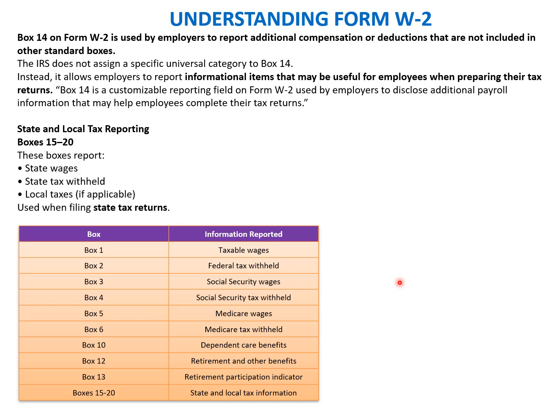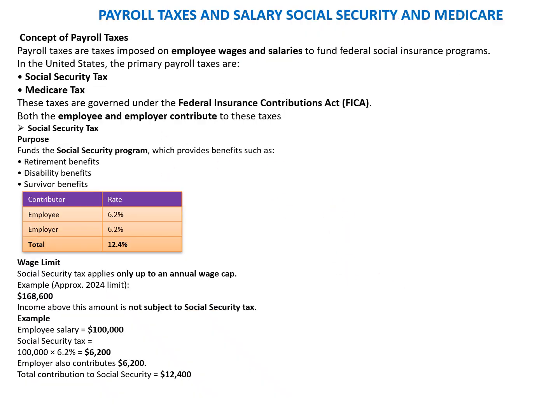So this gives us the complete understanding of what all information needs to be provided by the employer while providing the form W-2. So we'll move to the next slide.